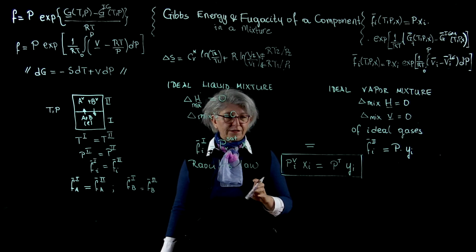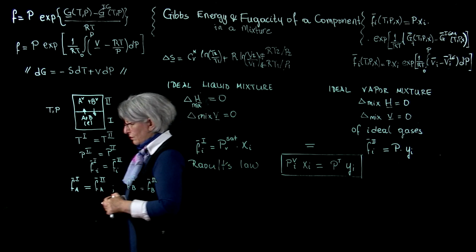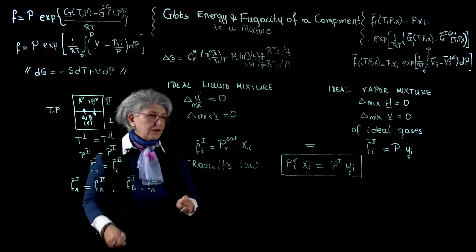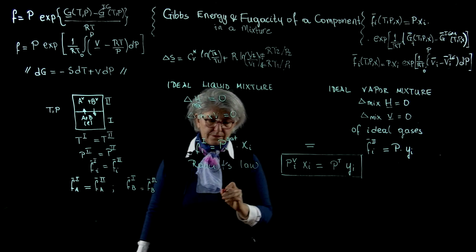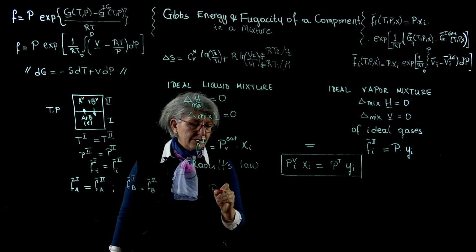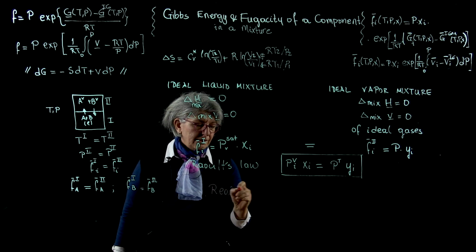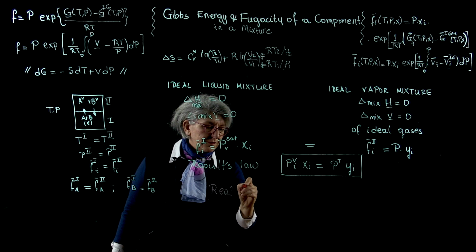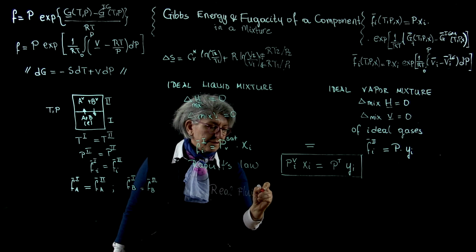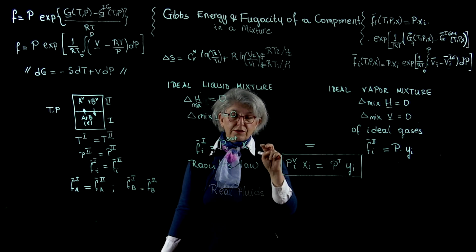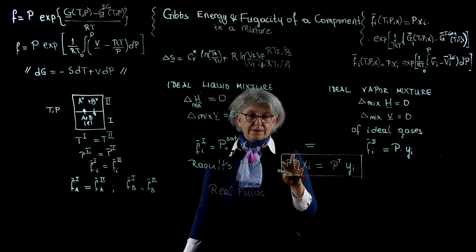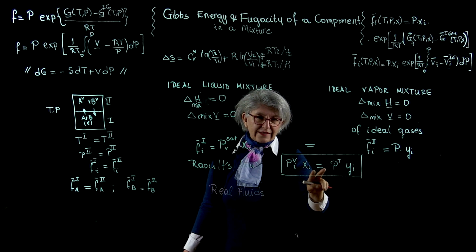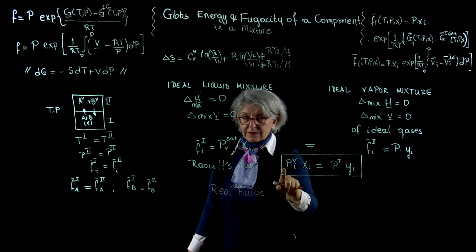The correction factors to the Raoult's law are going to be for real fluids. Now, this pen doesn't squeak. So we are going to add correction factors to the Raoult's law. We're going to add a correction factor here.